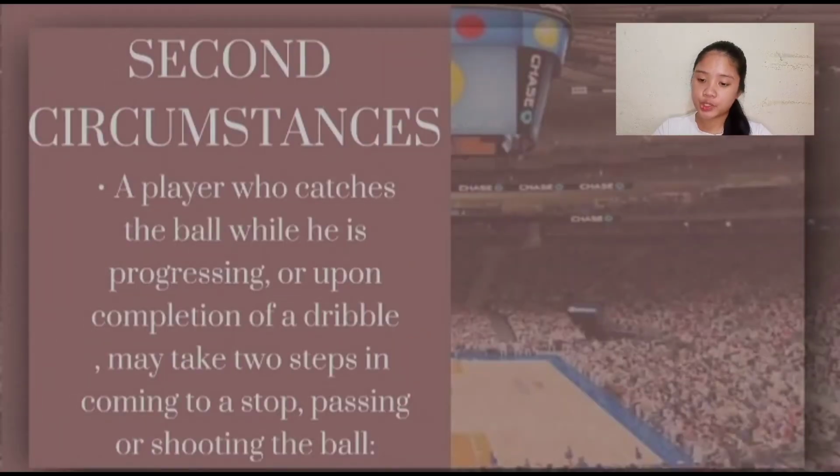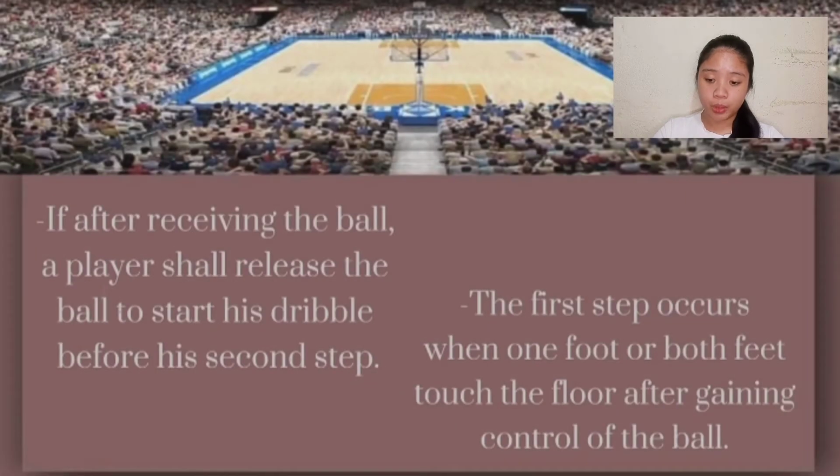If a player catches the ball while he is progressing, or upon completion of a dribble, he may take two steps in coming to a stop, passing or shooting the ball. Here's what he must do. After receiving the ball, a player shall release the ball to start his dribble before his second step.